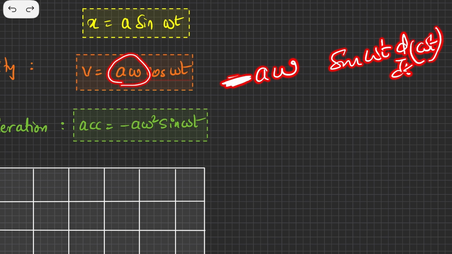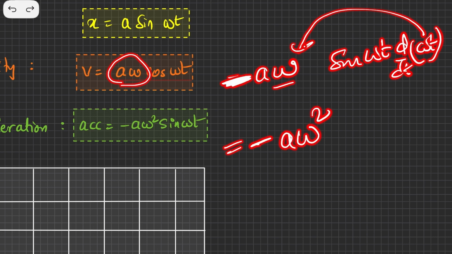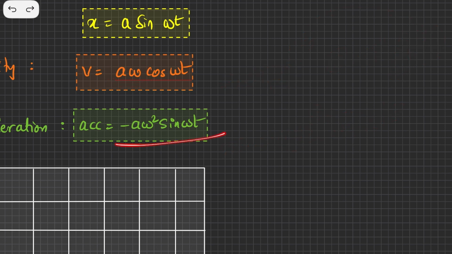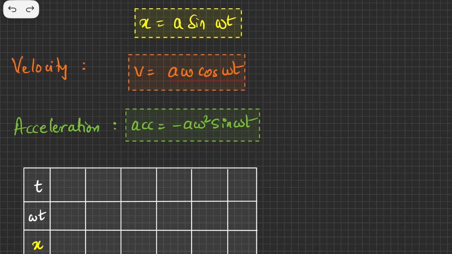The derivative of omega t is omega, and omega into omega becomes omega square. So my equation will turn out to be minus a omega square sine omega t, one omega from before and one omega from here.